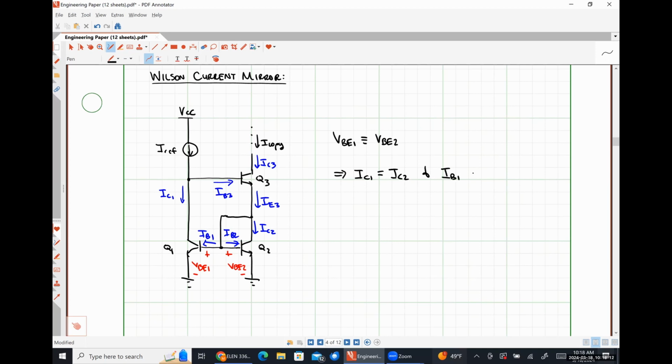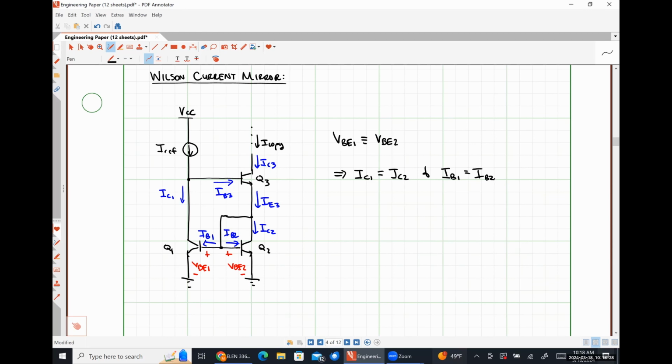And IB1 and IB2 should be the same. Again, we're neglecting any contributions of the Early effect here because it's just going to make the math ludicrously gross as we saw earlier. Okay.